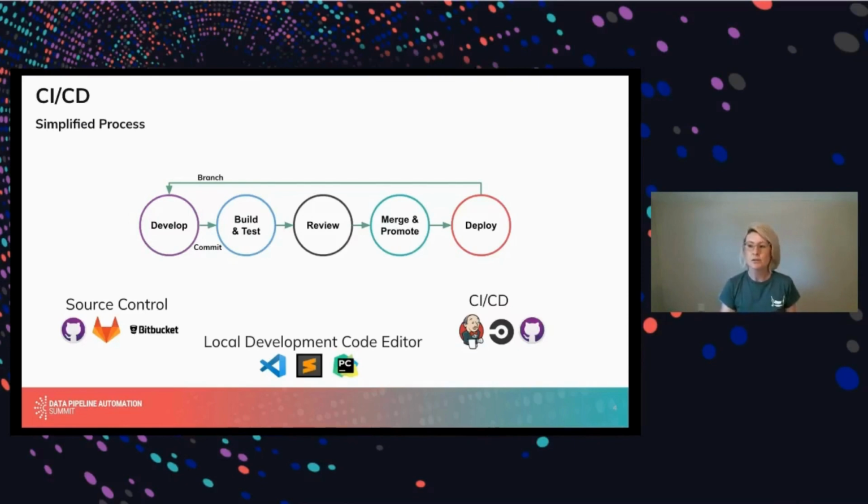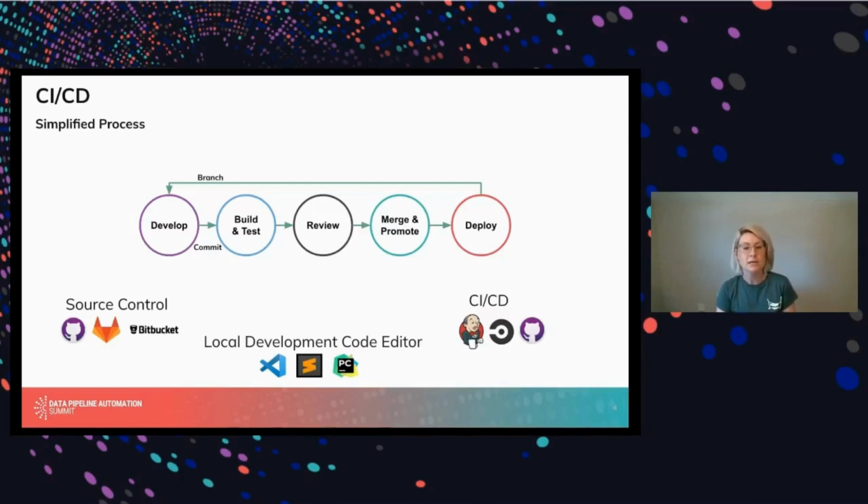So using source code control, that's where you save your code, of course. That's where the code changes are tracked. You typically would be developing off of your production branch. You create a new branch, do your development there, push that to a dev branch, or commit it to dev, build those tests, run any kind of PyTest or Python unit testing here.